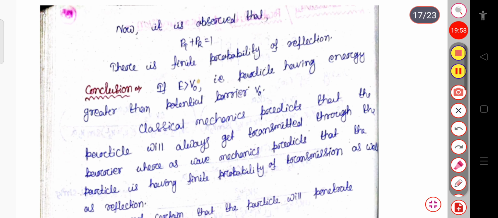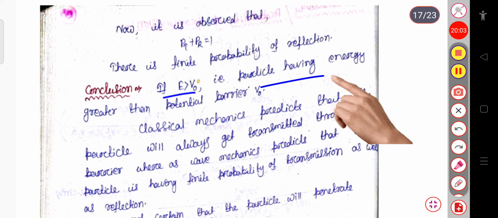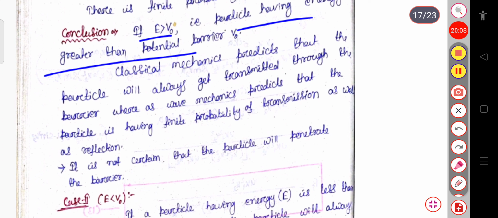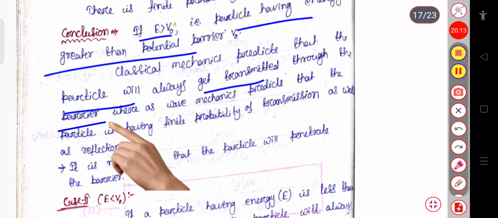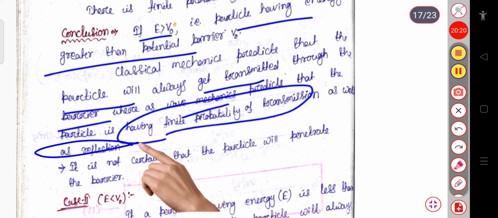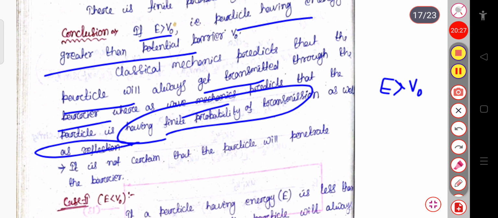So now the conclusion is that when E is greater than V naught, that is the particle having energy greater than that of your potential barrier, classical mechanics predicts that the particle will always get transmitted through the barrier, whereas wave mechanics predicts that the particle has a finite probability of transmission as well as reflection. So classical mechanics says when the total energy is more than your potential, there will be transmission of the particle through that barrier.